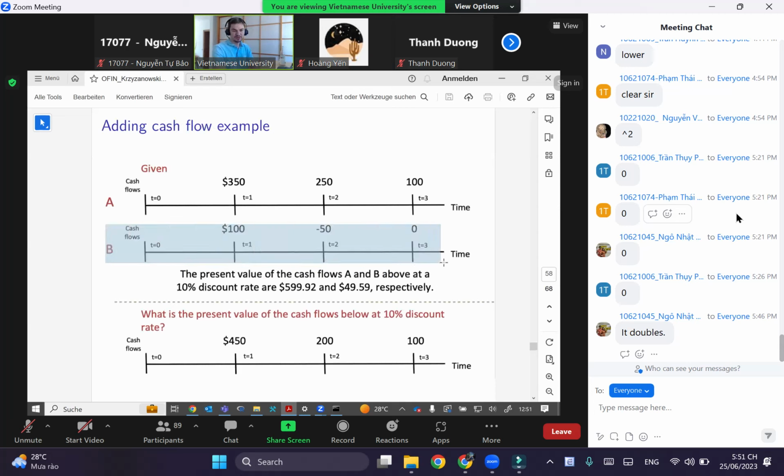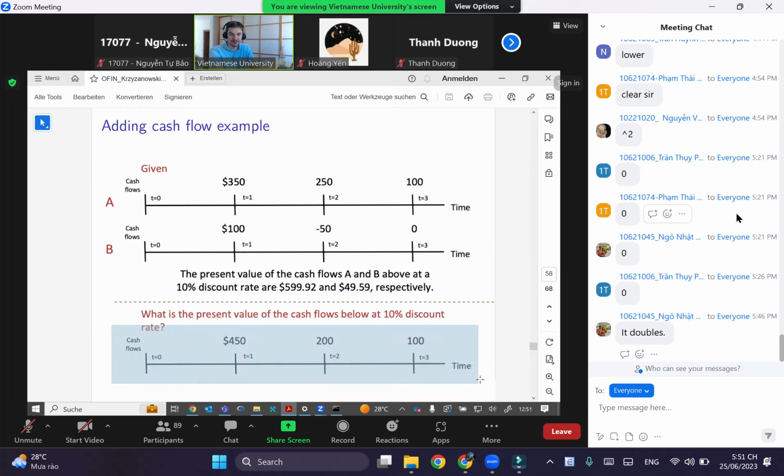And for cash flow B, you can do the same. The present value would be, well, 100 divided by 1.1 minus 50 divided by 1.1 to the power of 2, which would give you a present value of 49.59.